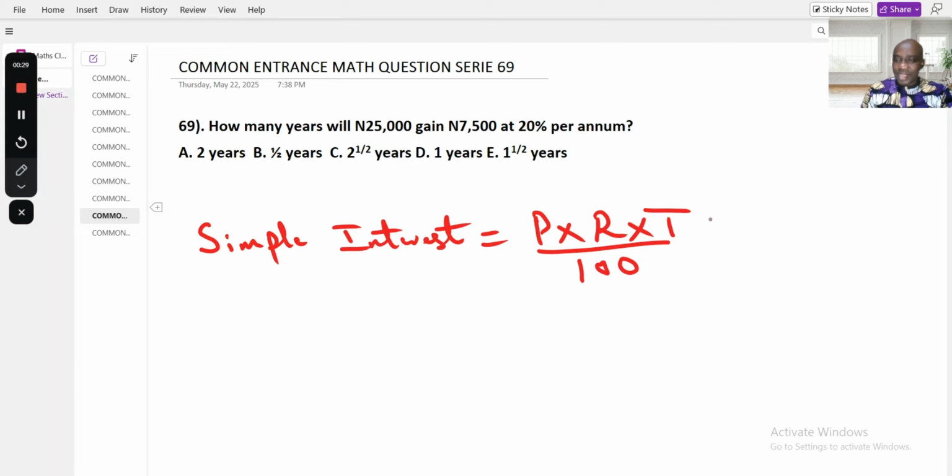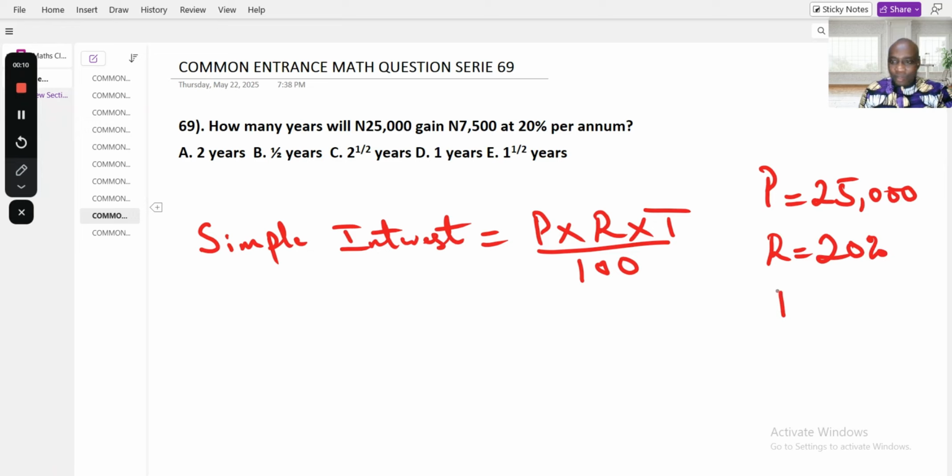What is missing here? Our P. What is our P here? The money that you invested, which is 25,000. What is our rate? R. Our rate is 20%. What is our time? We don't know because the question says how many years. Yes, it means time.